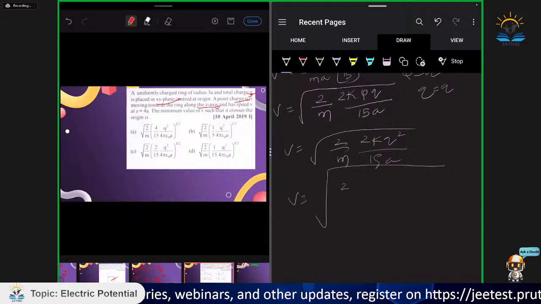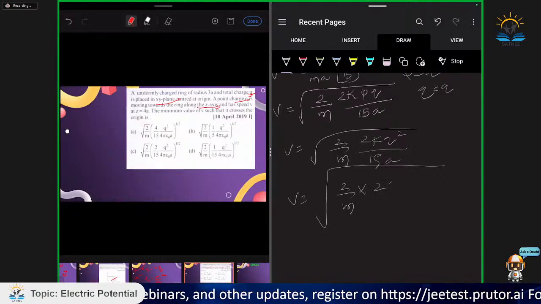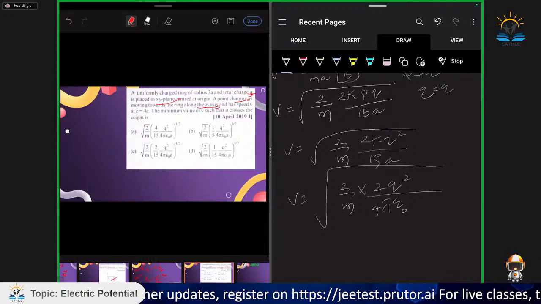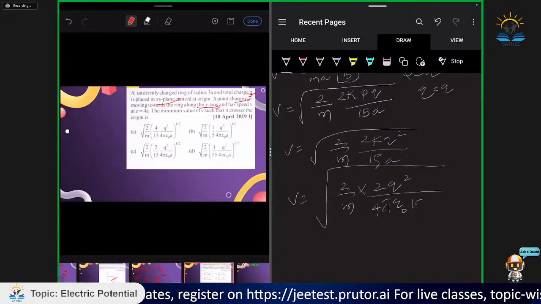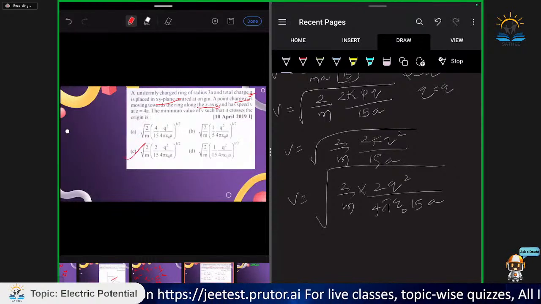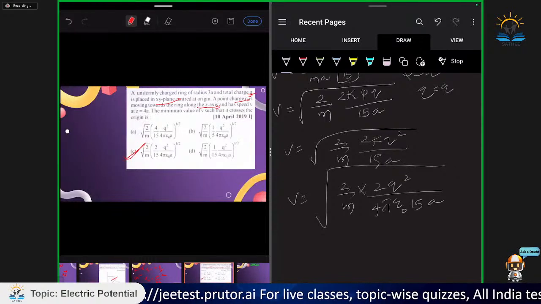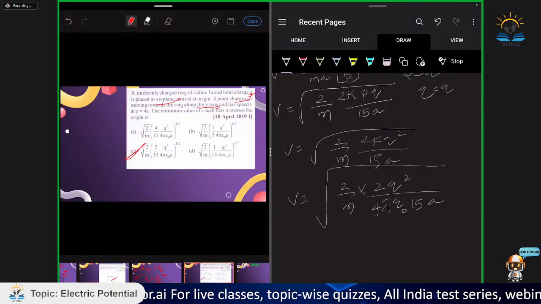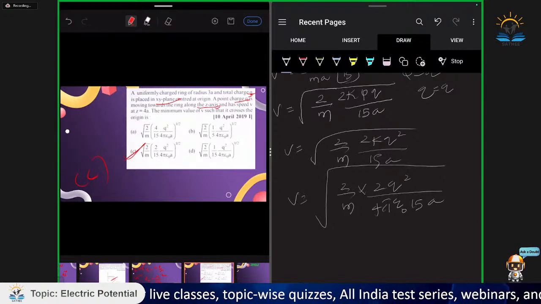So root of 2 by m into 2Q square upon 4 pi epsilon into 15a. Yeah, option C, right. C is the right answer.